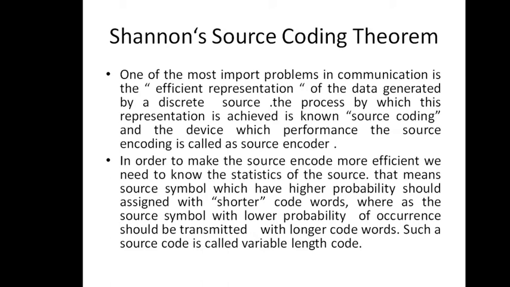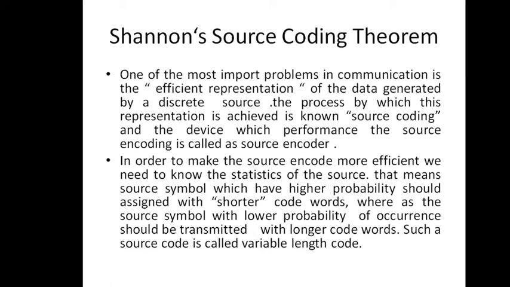The process by which the efficient representation is achieved is called source coding, or a source coding technique, and the device or instrument which performs this process is called a source encoder.